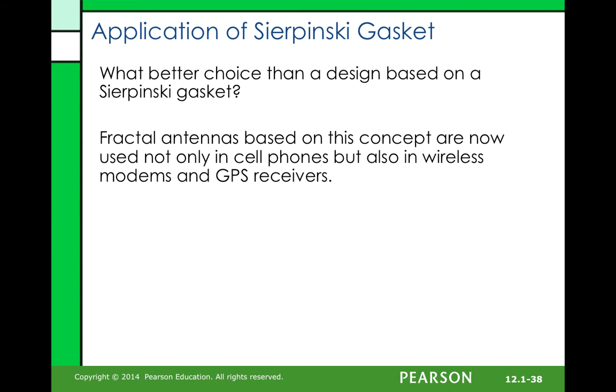So you can design a cell phone antenna based on a Sierpinski gasket, and fractal antennas based on this concept are now used not only in cell phones but also in wireless modems and GPS receivers. So the Sierpinski gasket seems like an interesting thought experiment, but you might think it has no application. But it does. You can design antennas for cell phones and GPS receivers based on the idea of the gasket.